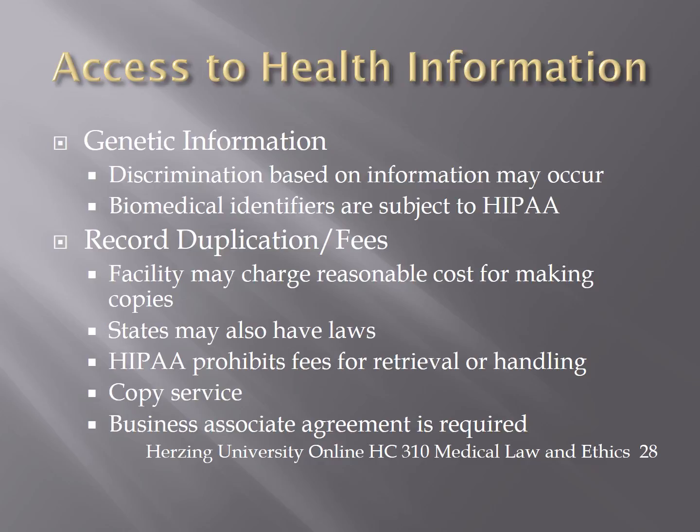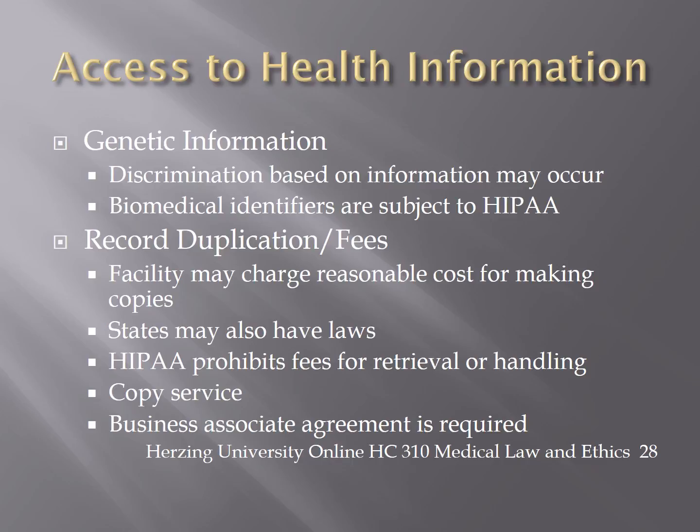Access to health information. Genetic information is also protected due to the possibility of discrimination based on that information. Biomedical identifiers are subject to HIPAA regulations. The duplication of the record is the responsibility of the facility.